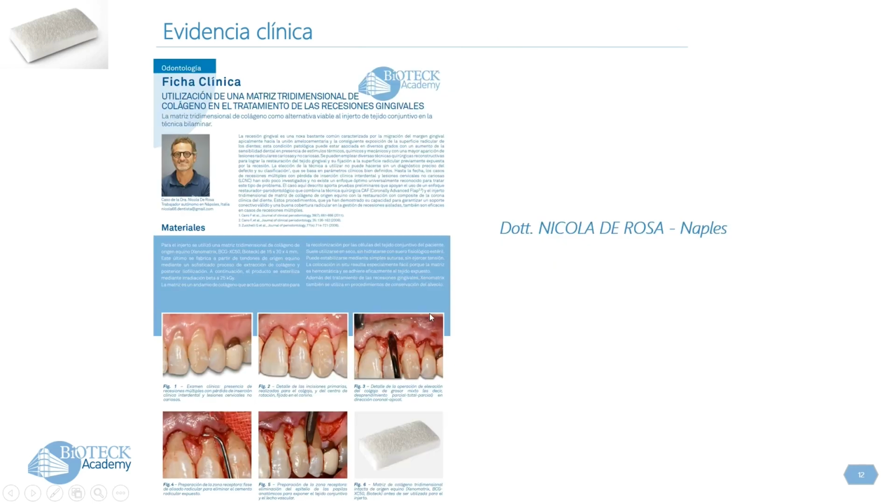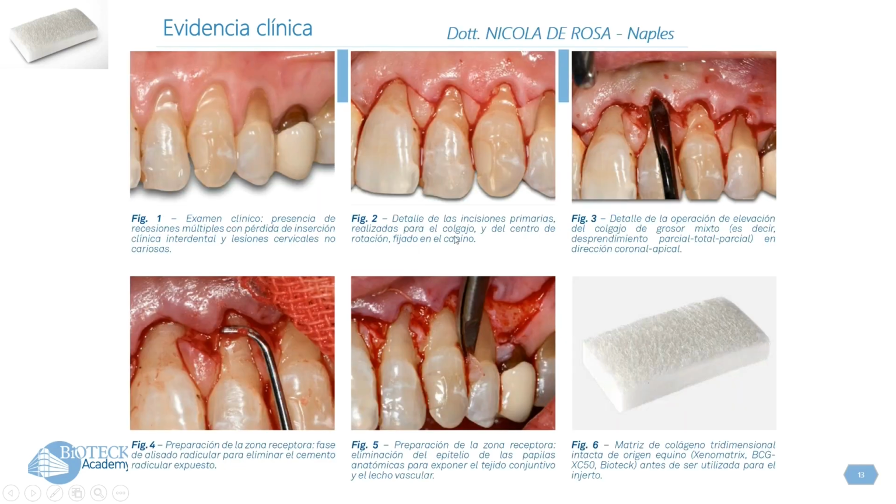And here we have other clinical cases with Xenomatrix. So this is a case with multiple recessions, as we can see from this initial figure. Dr. Nicola De Rosa of Naples started with the incision corresponding to the coronally advanced flap.